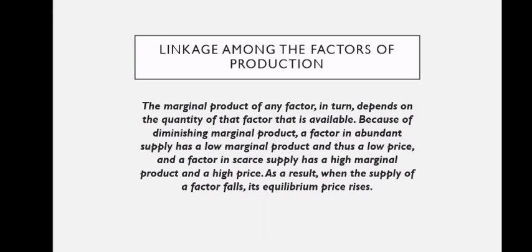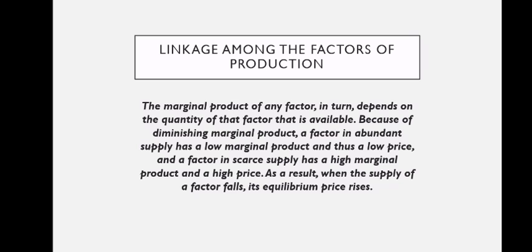Linkage among the factors of production. We have seen that the price paid for any factor of production, labor, land, or capital, equals the value of the marginal product of that factor. The marginal product of any factor in turn depends on the quantity of that factor that is available because of diminishing marginal product.